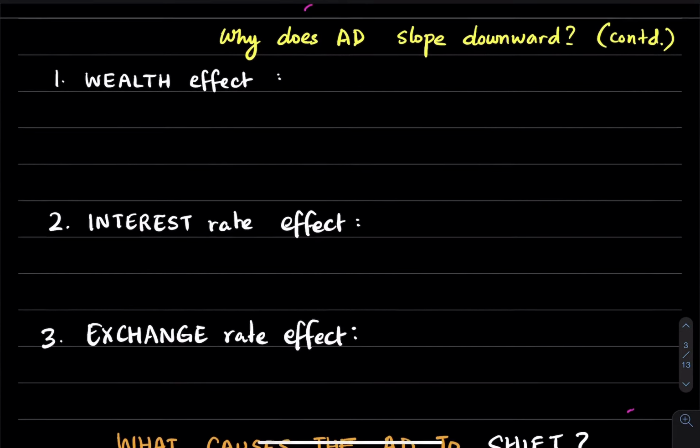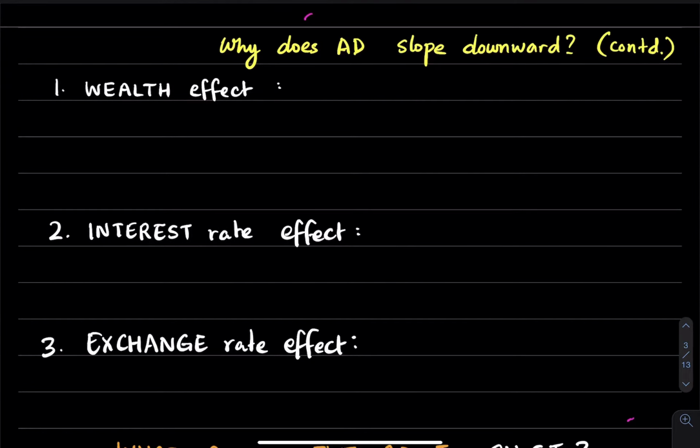So there are three different explanations for why the aggregate demand slopes downwards. The first one is called the wealth effect, and that is telling us the relationship between prices and consumption. Let's think about a scenario where the price level falls. If the price level falls, which is again an overall price index in the economy, like the CPI or GDP deflator, the money in consumers' pockets increases in value, right?